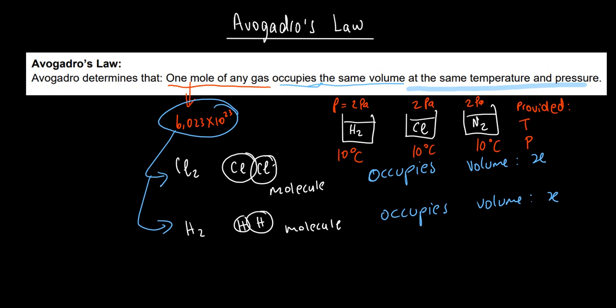Perfect. I'm glad. So that's what we're saying. 1 mole of any gas is going to occupy the same volume, provided that they're at the same temperature and pressure. So, if that is the case, what if their temperatures are as follows?